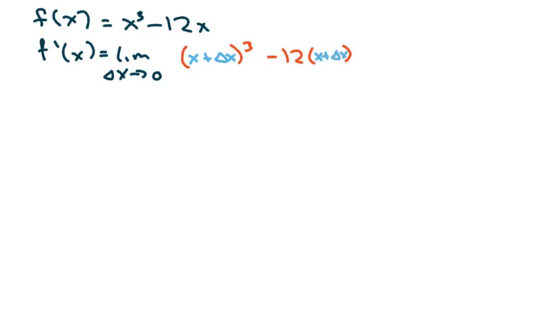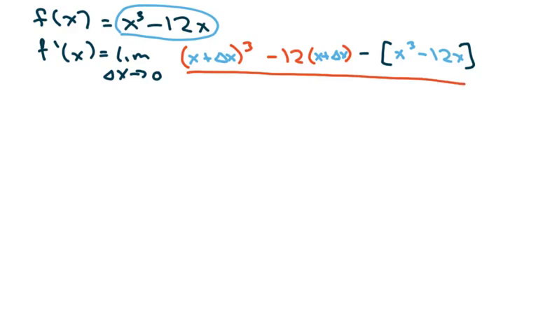Alright, and then you have to subtract the whole function. And the whole function is this. So that'd be x cubed minus 12x. And this is all over delta x.